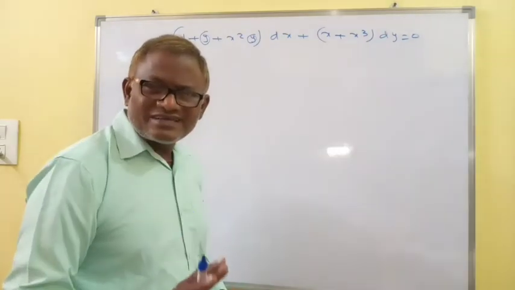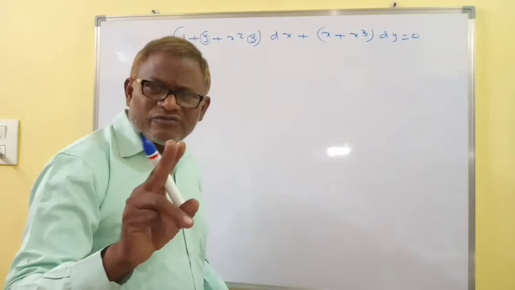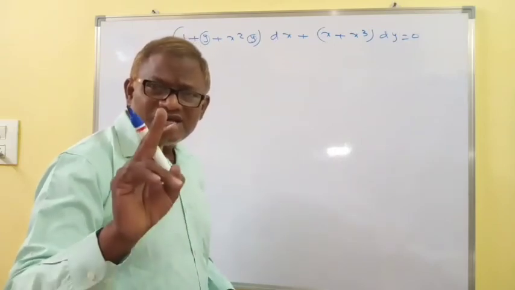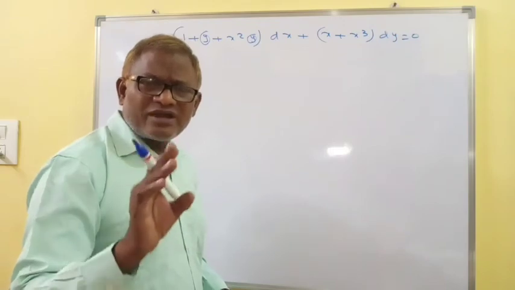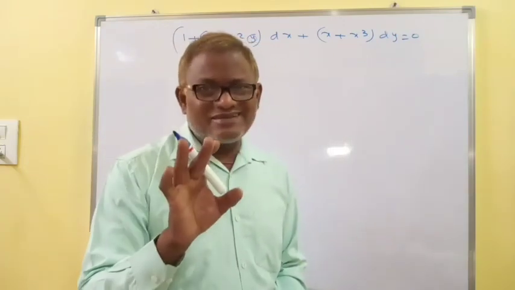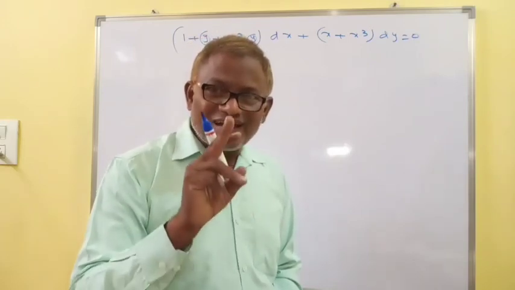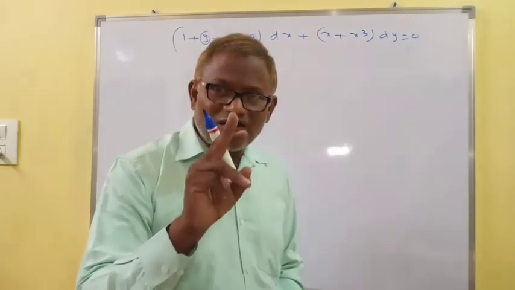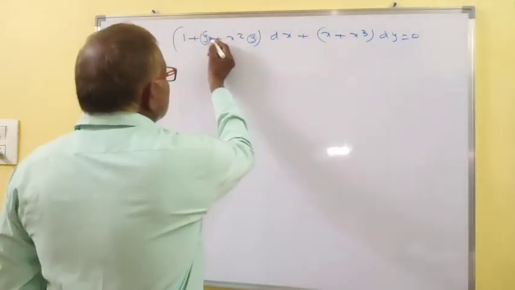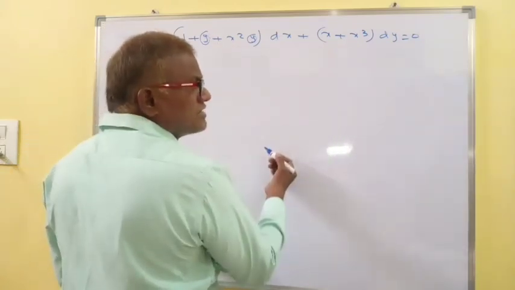This is the secret point. Remember, whether we have to express in dx by dy or dy by dx, you have to confirm first that dy by dx and y do not multiply together, and also that the power of y must be 1 only. So clearly the power of y is 1. That's why you have to write dy by dx.